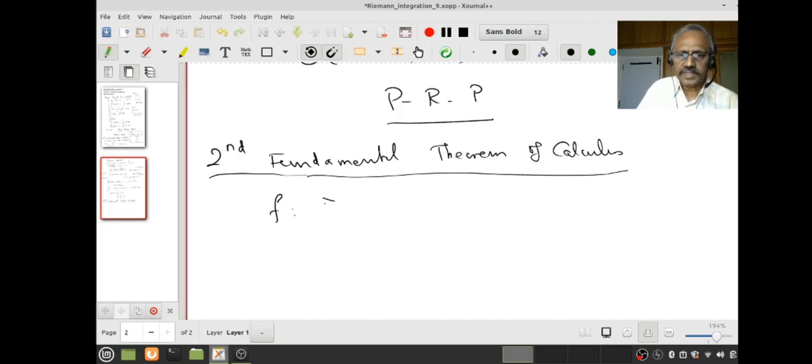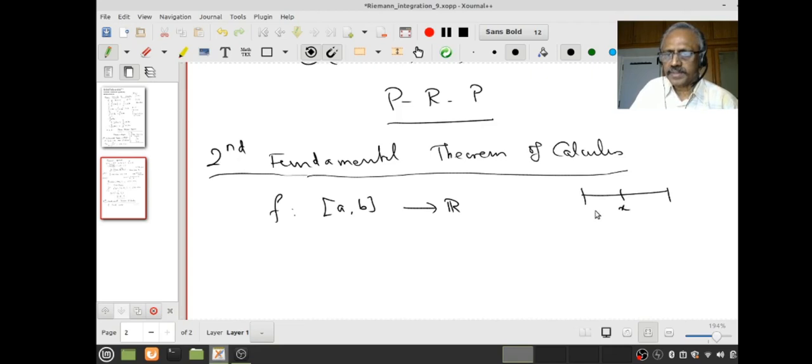Suppose f is a continuous function from [a, b] to R. Then we have seen earlier that for any x between a and b, on the interval [a, x], the function f is integrable. That means the integral from a to x of f(x) dx makes sense, exists. This is a real number.